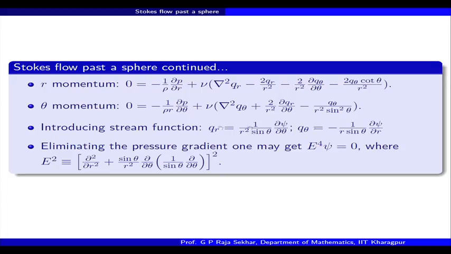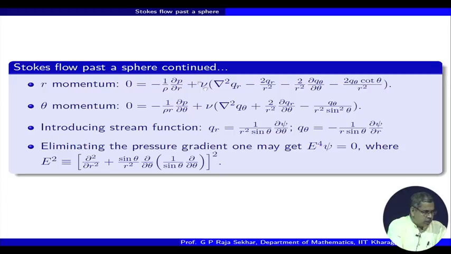For now, from these momentum equations, by eliminating pressure and using this definition, we get E to the fourth psi equal to 0. Remember, in polar or Cartesian coordinates we got del to the fourth psi equal to 0. Here we get E to the fourth psi equal to 0, where we have the corresponding definition of E squared.